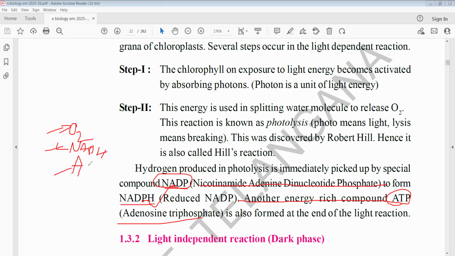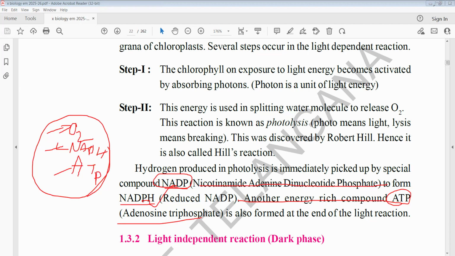So in the light reactions, there are three products: oxygen, NADPH, and ATP, adenosine triphosphate. In the examination, a question may come: what are the products in the light reactions or light dependent reactions? Three products: oxygen, NADPH, and ATP.